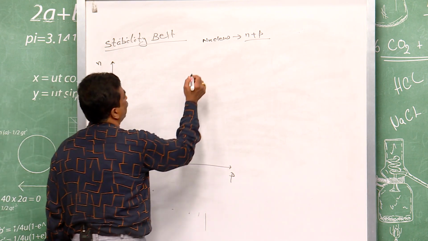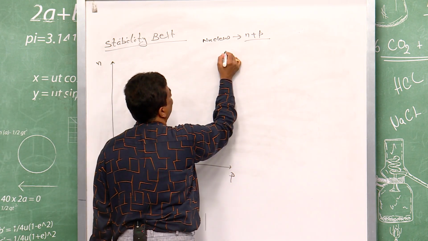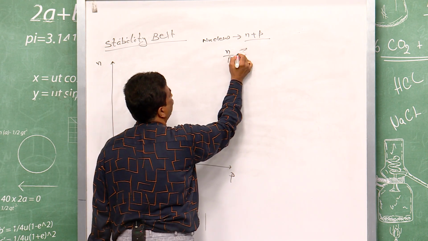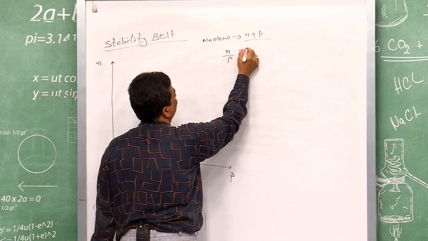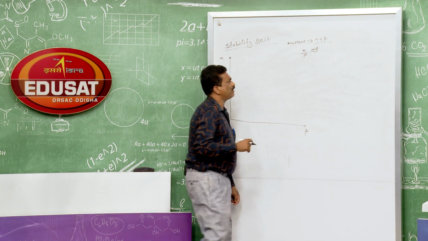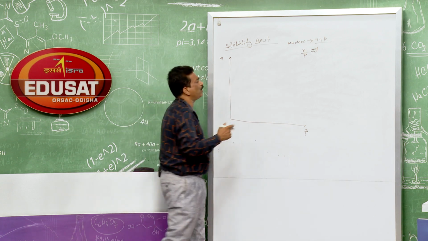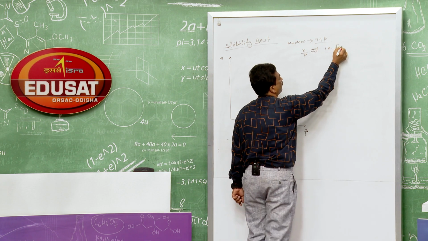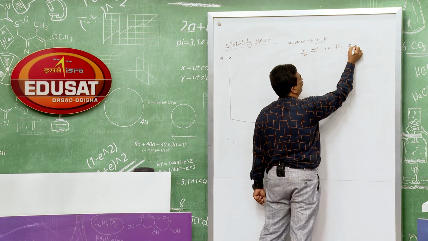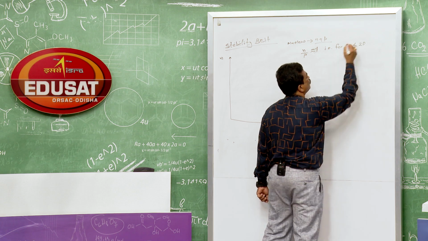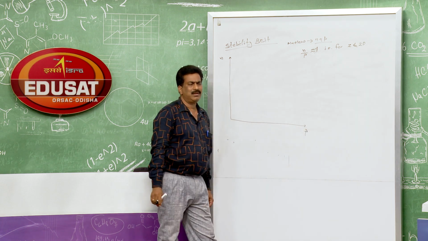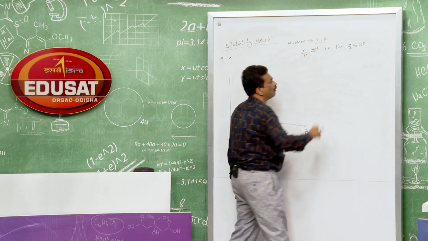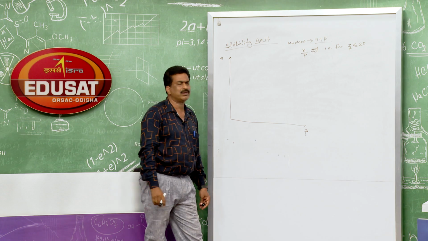It is observed that the neutron to proton ratio is equal or nearly equal to 1 for Z less than or equal to 20. Z means the atomic number, which is the proton number.